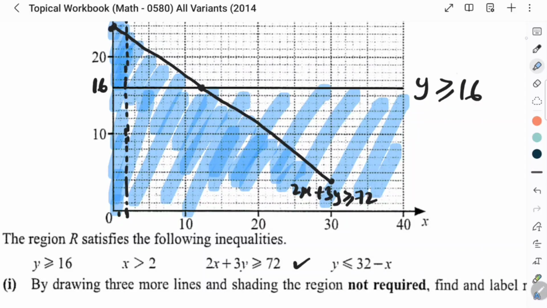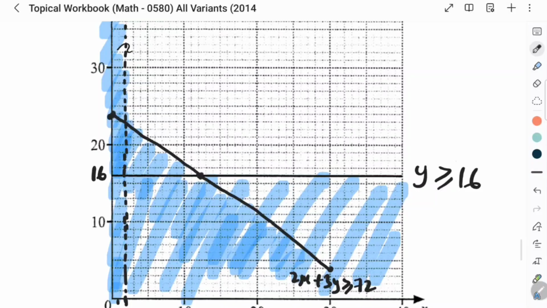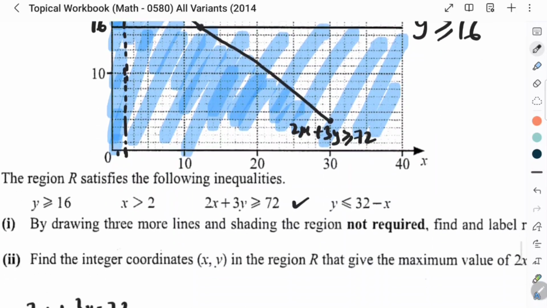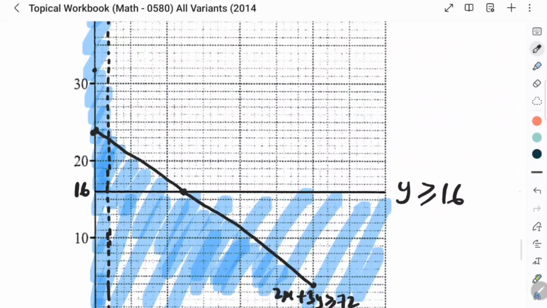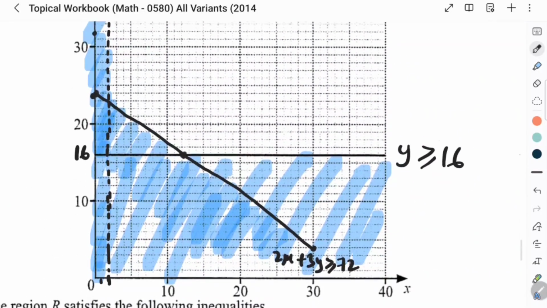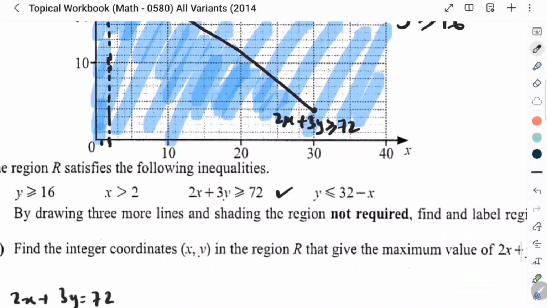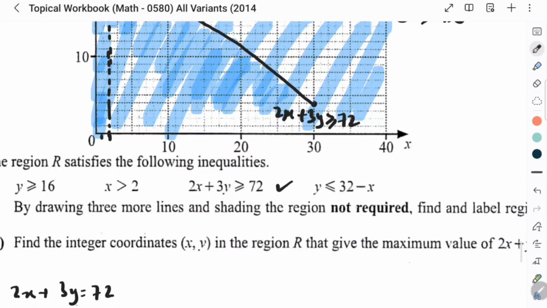Now the last line is y is less than or equal to 32 minus x. It means your y-intercept is 32, and the gradient is negative 1. So y is equal to 32 minus x.